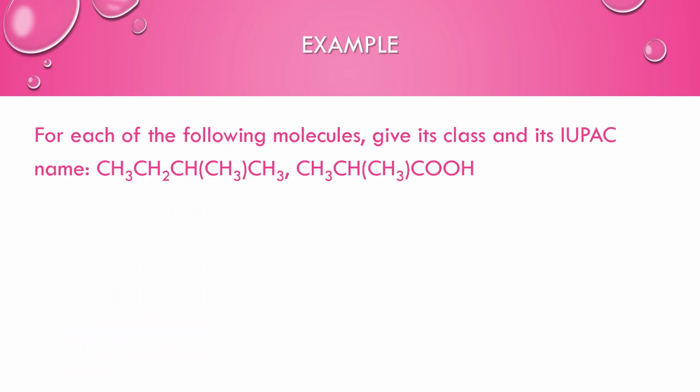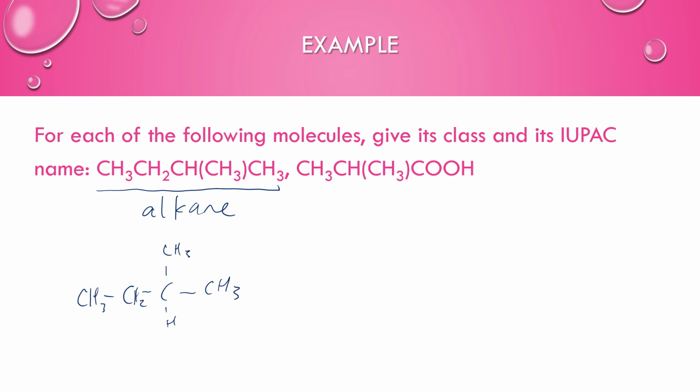Okay, so let's do a couple examples. We're going to give the class and the IUPAC name. This one is going to be an alkane. We have a CH3, CH2, CH with a CH3 attached, and another CH3 at the end. So now I'm going to fill in those other hydrogens like this.